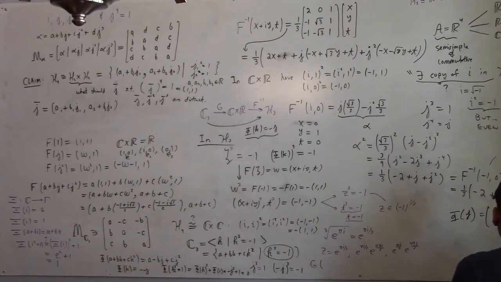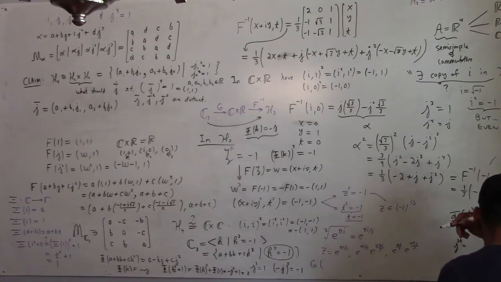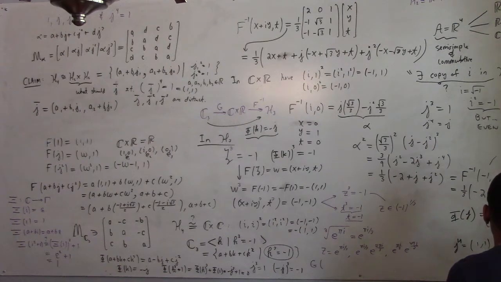Well, what gives me J to the 4th? Give me 1 once. Some A plus BJ, and then this is 1. This could even be plus or minus 1 actually.